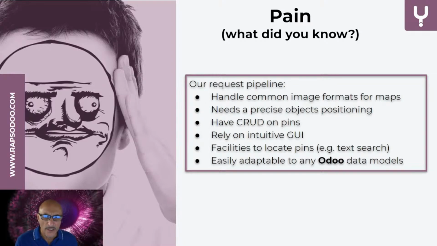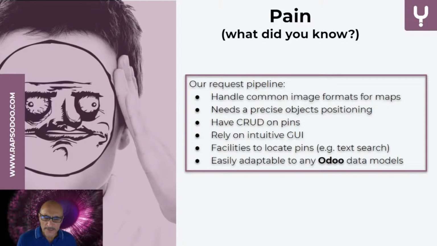We had to be able to locate and move objects on the map very precisely, have a nice intuitive graphic user interface to add, delete, edit and move objects on the map, and an interface to help users to locate pins on the map by text searches, by categories, etc.